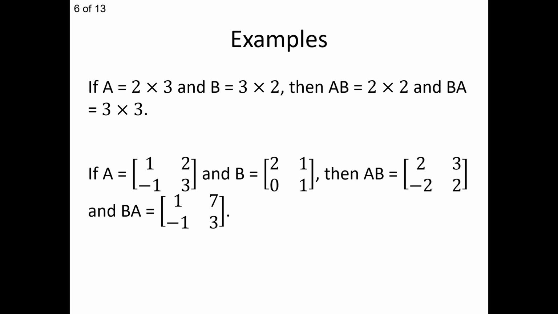So what we're finding is that the order of multiplication is important. We will find later on, when we are working with matrix equations, that when we multiply each side of a matrix equation, we have to make a choice, and we have to be very careful.